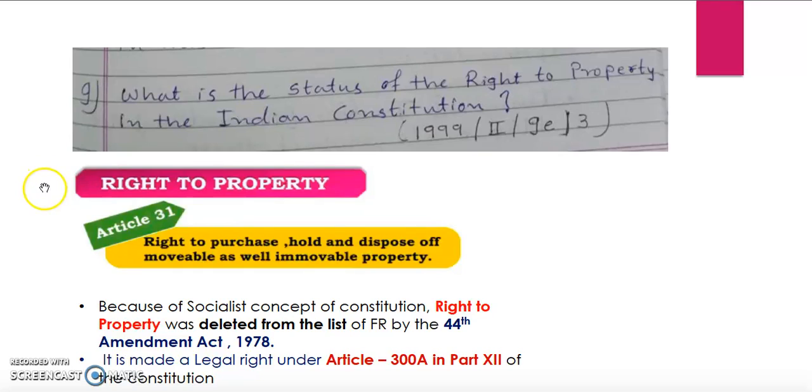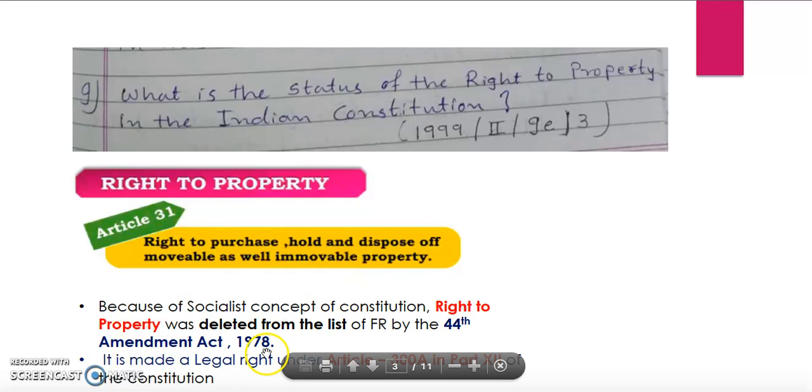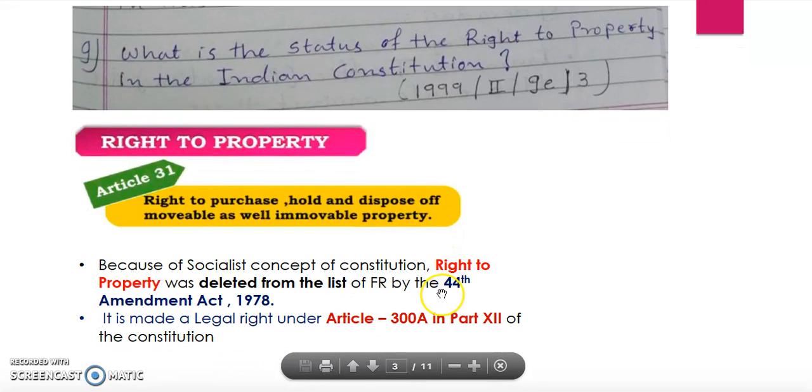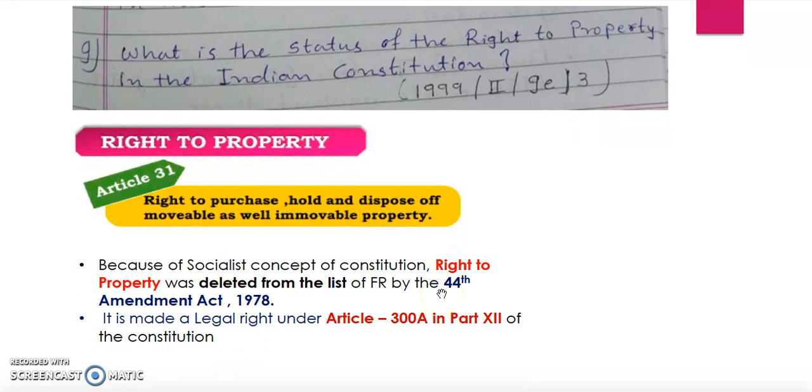I'm discussing this question here because it will help us in the prelims exam, not in mains. Right to property, Article 31, stated the right to purchase, hold and dispose of movable as well as immovable property. This was a fundamental right, but in 1978, under the 44th Constitutional Amendment Act, changes were made.